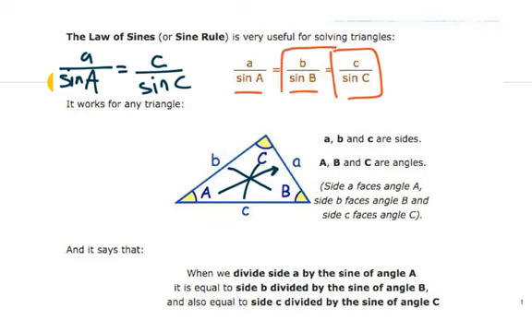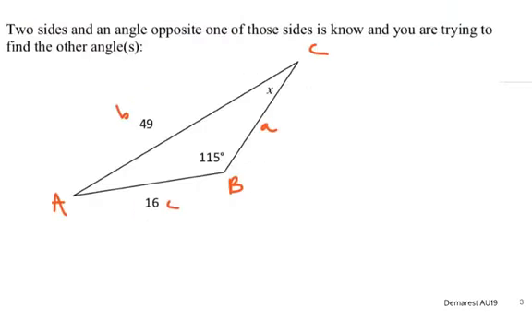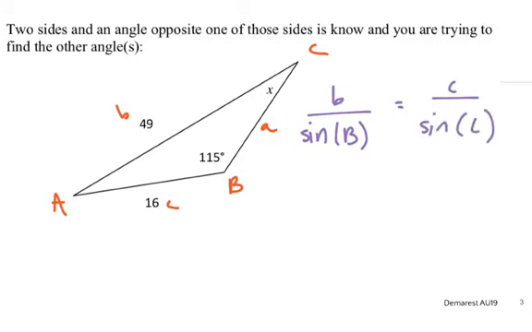In this one, I'm going to use b over sine B because I have both pieces of B. I don't have any of the A things, so that doesn't help me anywhere. So the equation we're going to use is b over sine B equals c over sine C. Remember, what goes into a trig function is the angle. So it's always the angle going into the trig function.